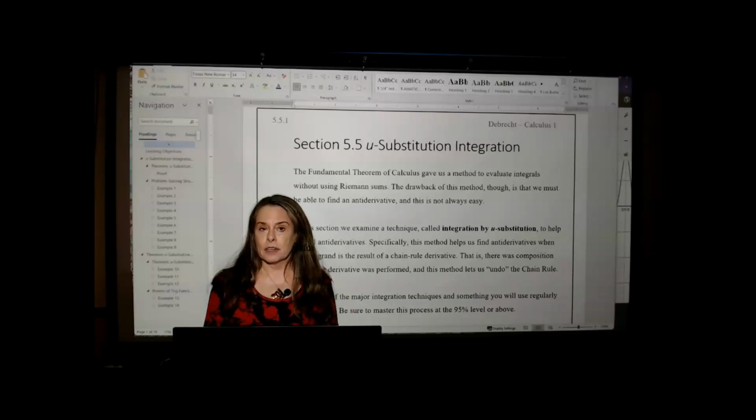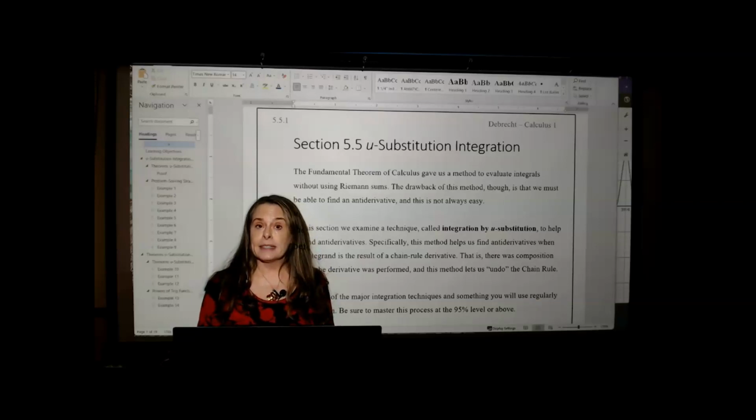In this video, we're going to learn the first such technique, which is u-substitution integration. We'll spend a lot of time in calculus learning some other methods. U-substitution integration is what I would call a bread and butter technique.